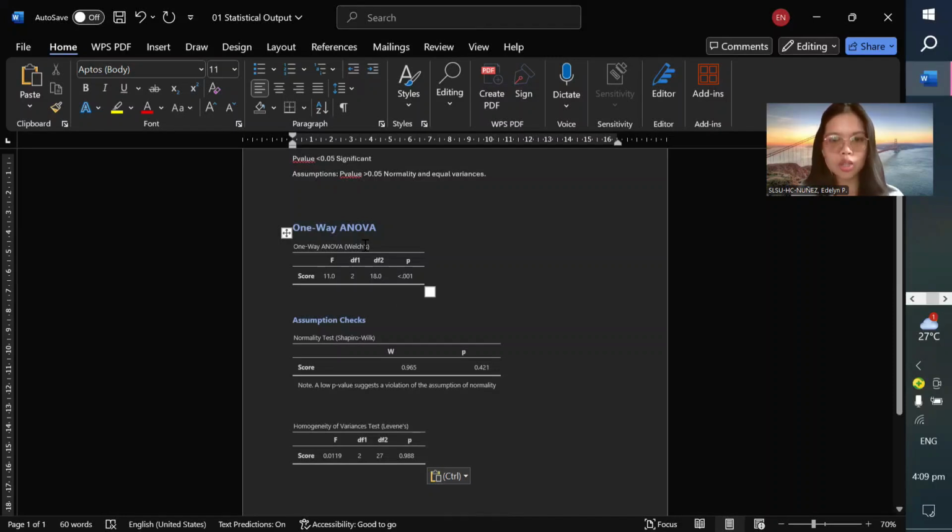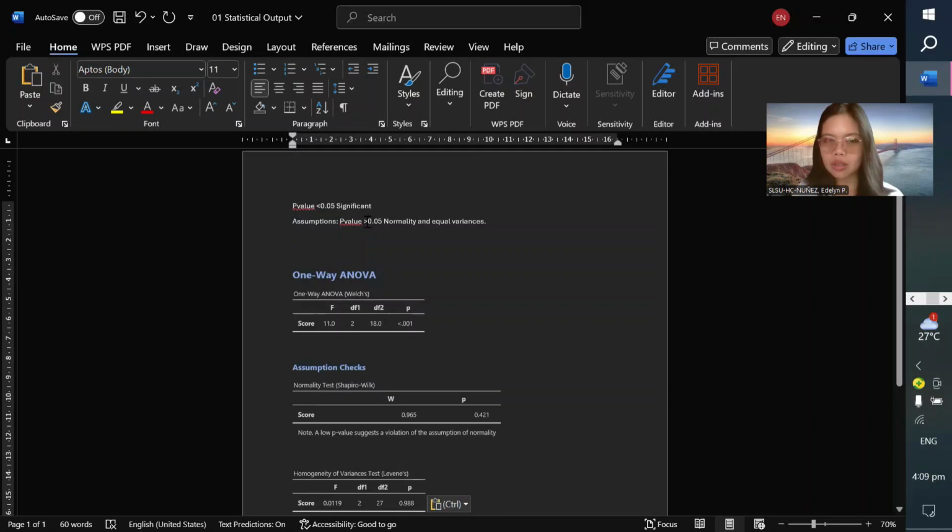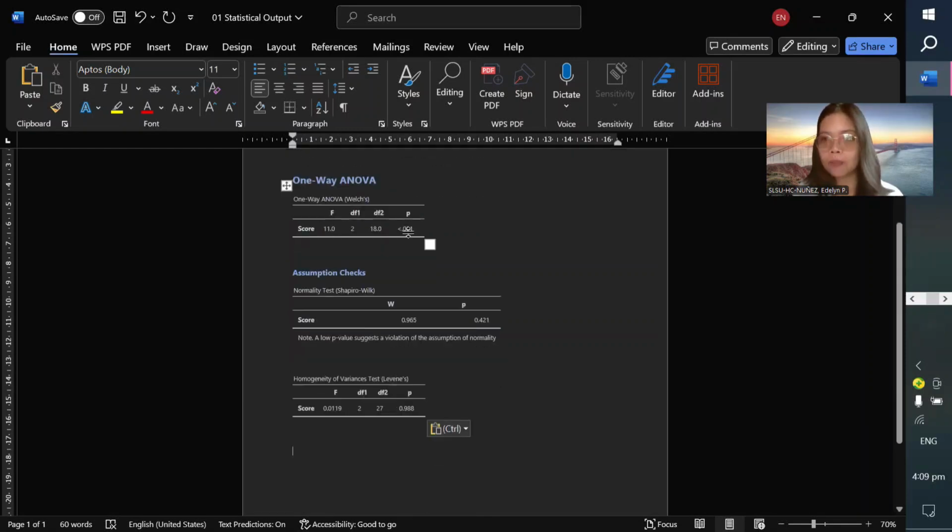Here we have the ANOVA and then the assumption check. Take note, for the assumption check, the p-values should be greater than 0.05, and for the test, you need to have less than 0.05. This is the goal. So let's check the assumption first. We need to look at the p-value, which is indicated by the p here.